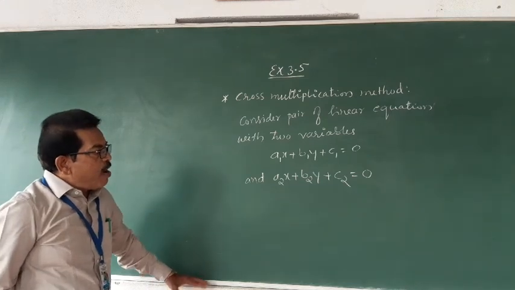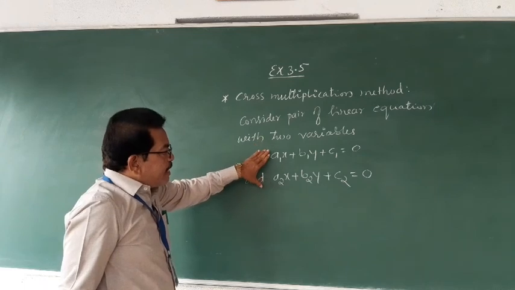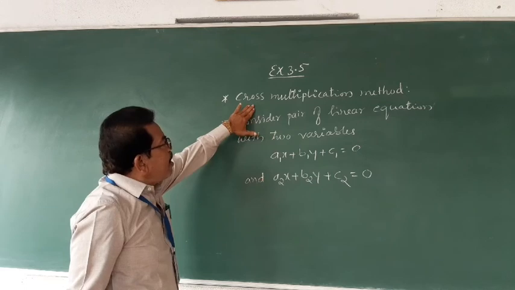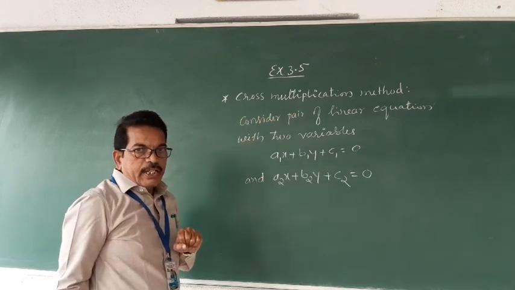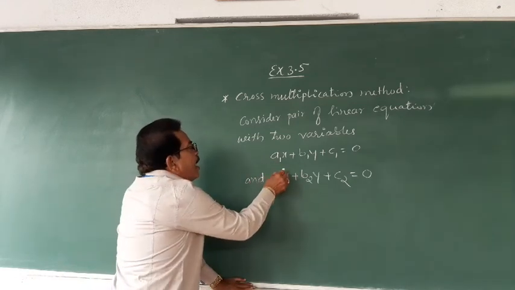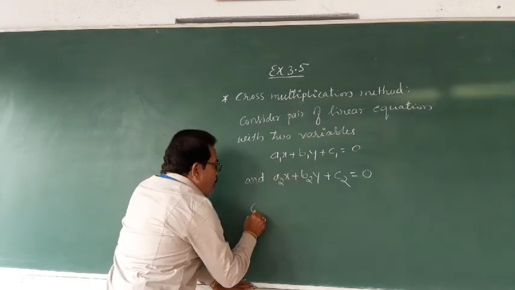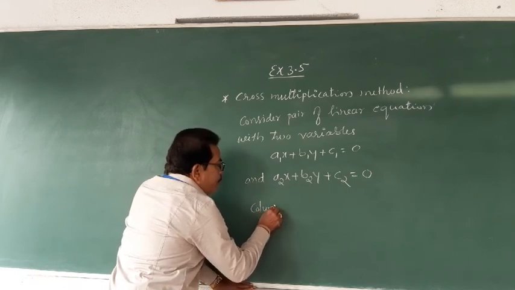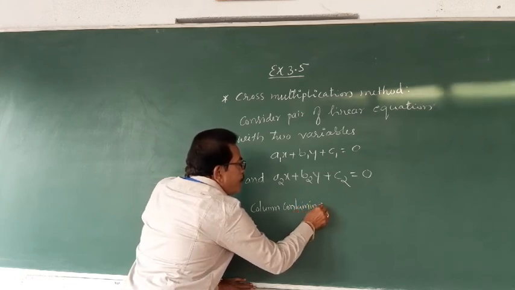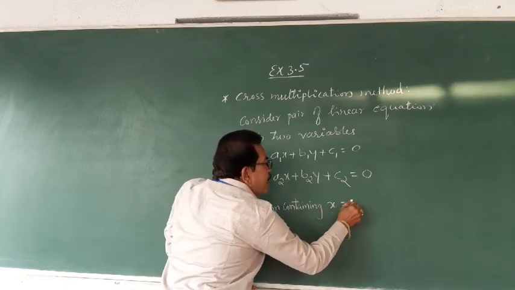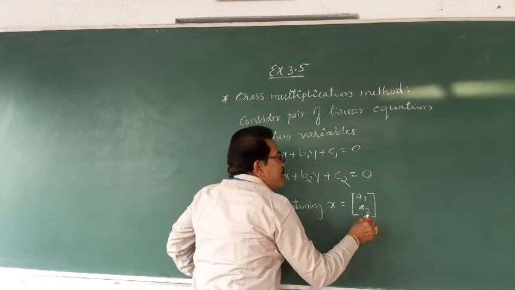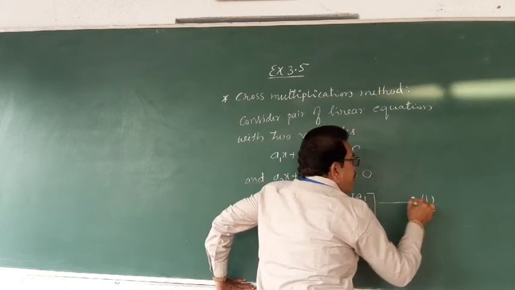Then we have to set these equations into the format for the cross multiplication method formula. So let us choose a1 a2 as the coefficients of x. The column containing x equals a1 a2, say this is 1.